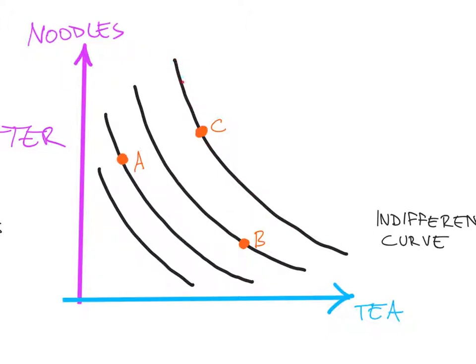Those are all indifferent to C, these are all indifferent to B, and these are all indifferent to A. Your preferences would be increasing in this direction, and the higher you go on those indifference curves, the better. That way I can show you graphically what your preferences look like. I can represent all your preferences pretty easily. Otherwise, you could see how this would be a big mess.